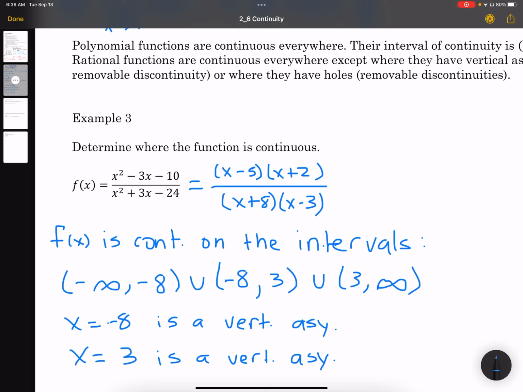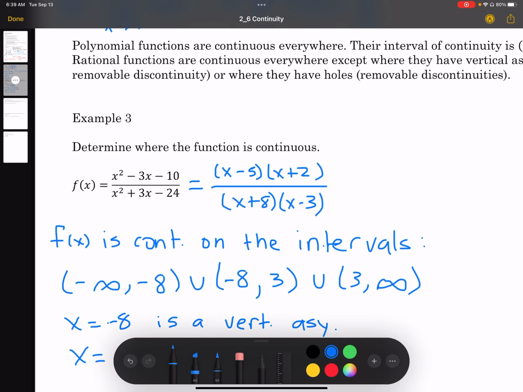So that makes it a vertical asymptote. So let's do a slight addendum to this problem. For whatever reason, imagine that this term instead was x minus 3. Just so we're clear, example 3 is done. We found where the function is continuous, and we stated the kinds of discontinuities that we have.